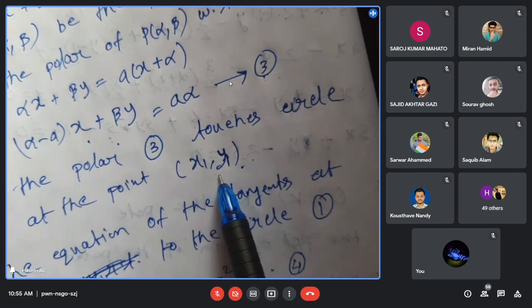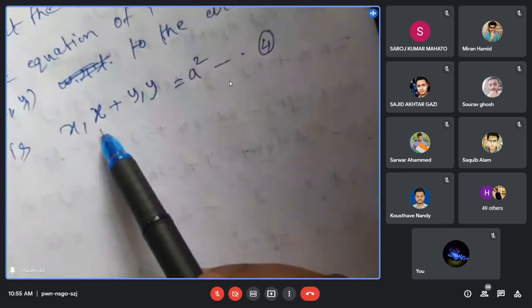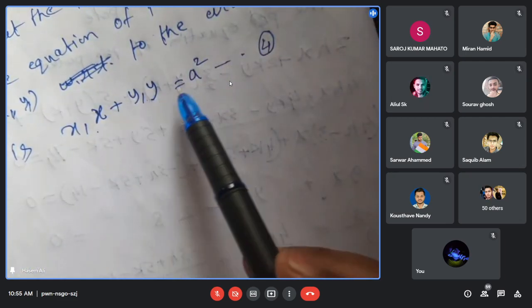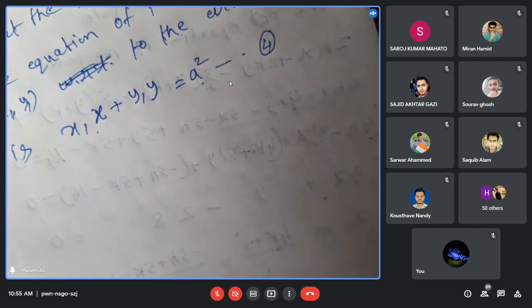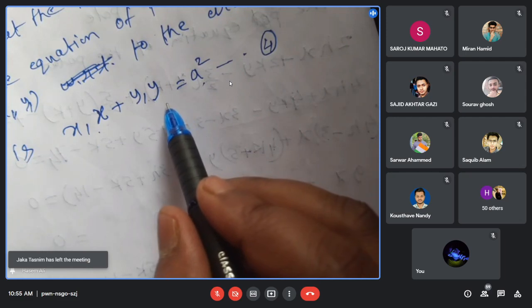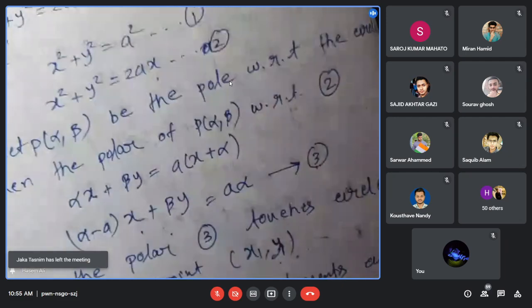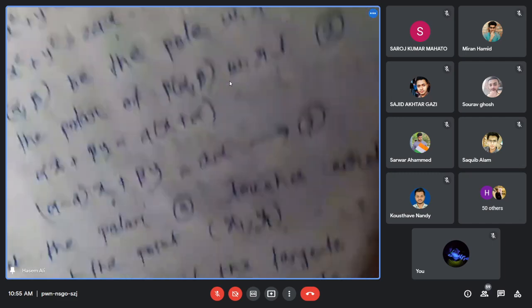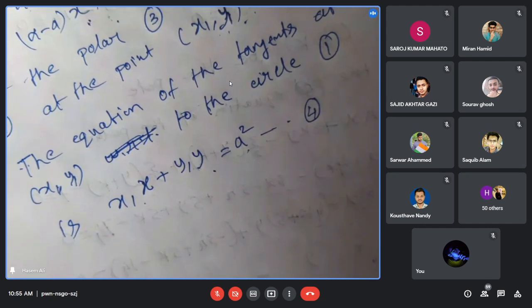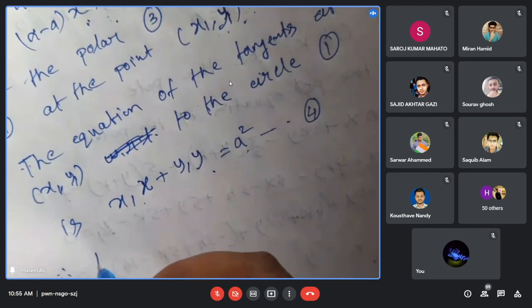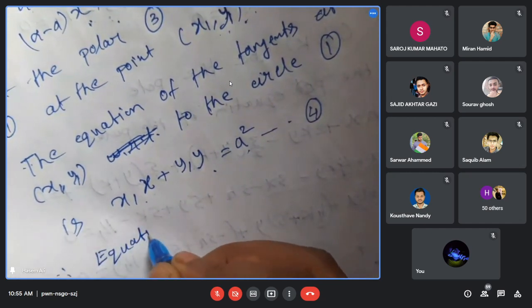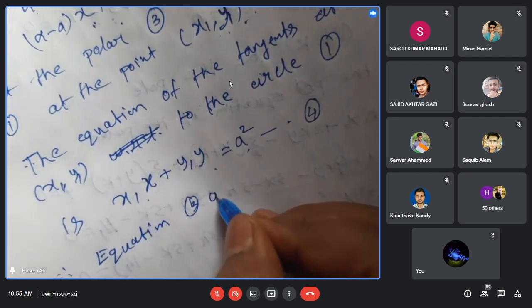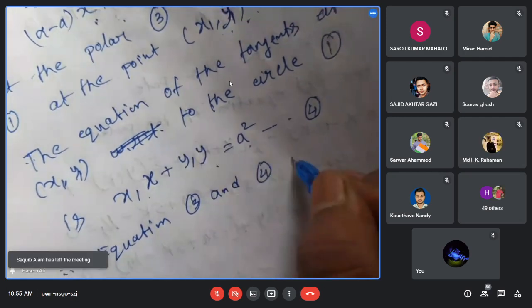Obviously the points are same, and the equation of the tangent is x1x plus y1y equals to a square. So equations 3 and 4 are identical.